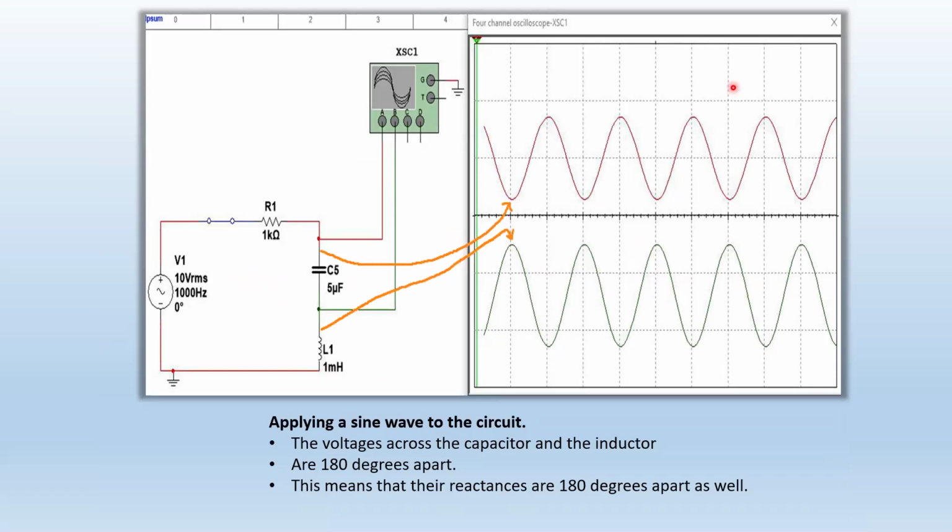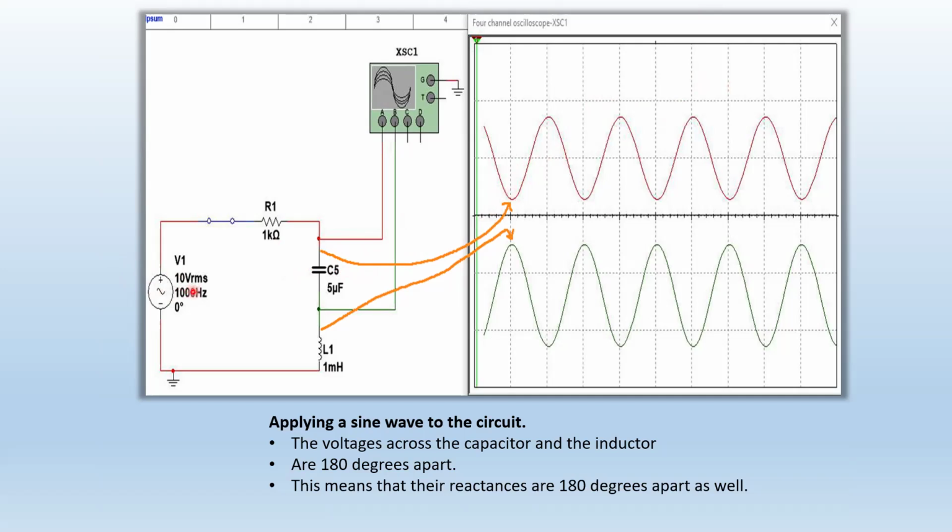Now, what do we have here? Over here on the top, we have the voltage across the capacitor.